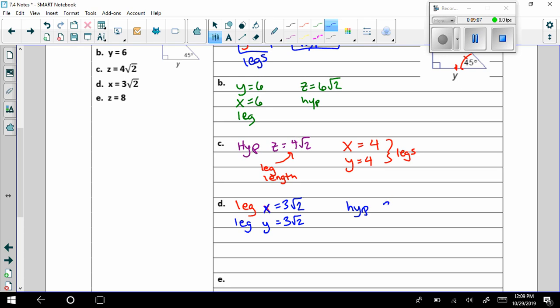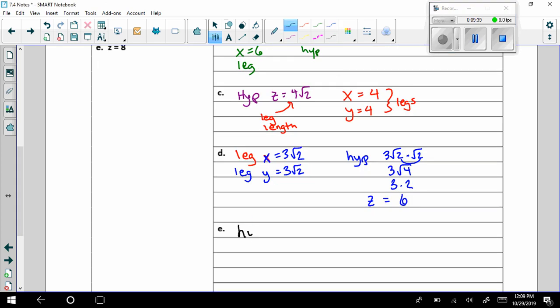So we would take 3 square root 2, our leg length, multiply it by the square root 2. This simplifies. When we have square root times square root, we can go underneath. So we have 3 times the square root of 4. The square root of 4 is 2, so we have 3 times 2, which is then 6. So the hypotenuse is equal to 6, and your hypotenuse is z.